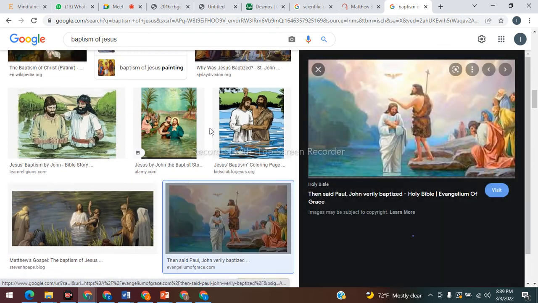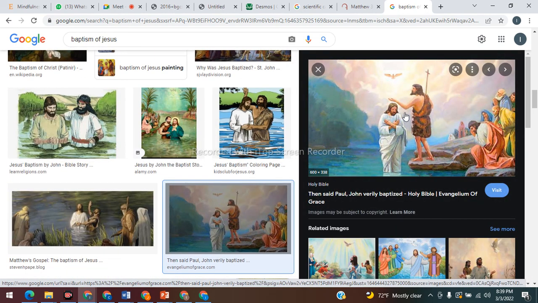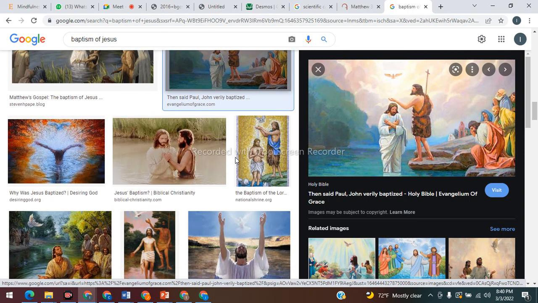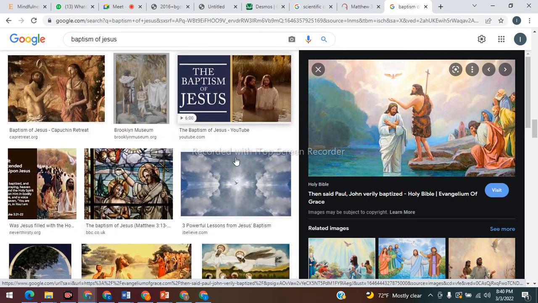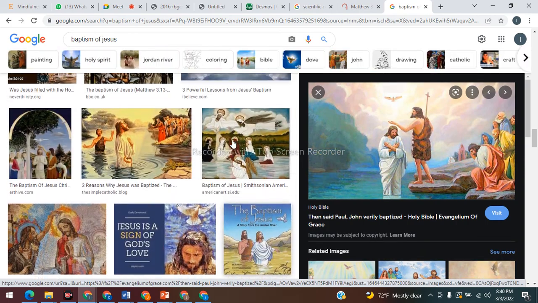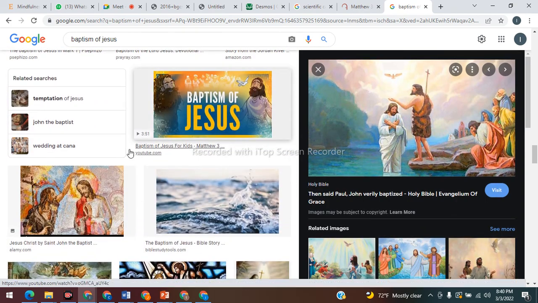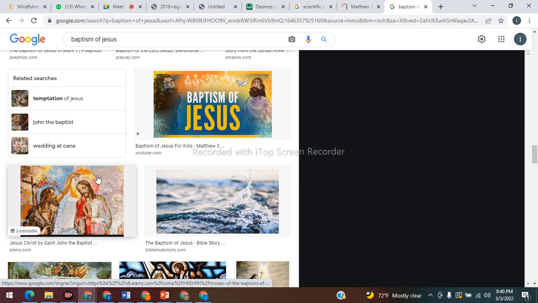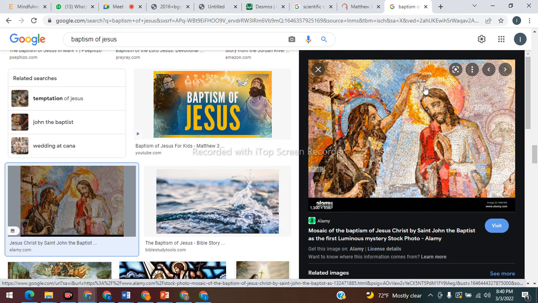Now this picture, what's wrong with this picture? I don't know if y'all can see. Is anything wrong with it? Or is everything okay? Are people crying or praying? This is another one that's wrong also. This one is wrong. What's wrong with this one? This one is clearly wrong.